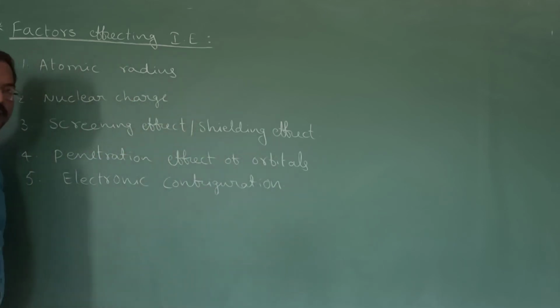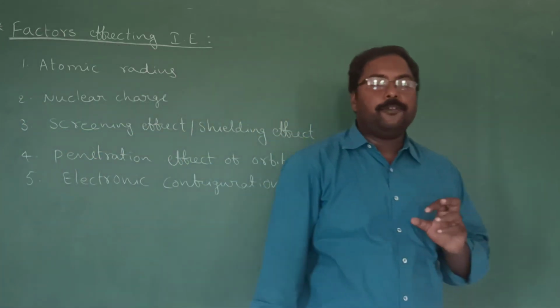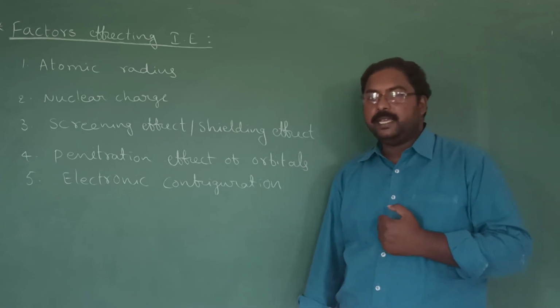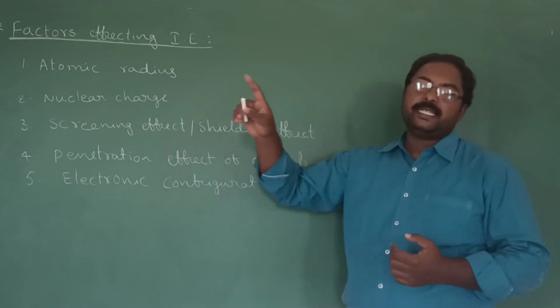Because we know regarding the electronic configuration, when the element is getting half filled or completely filled electronic configuration, it is getting some extra stability. So in such cases also, the ionization energy will change.